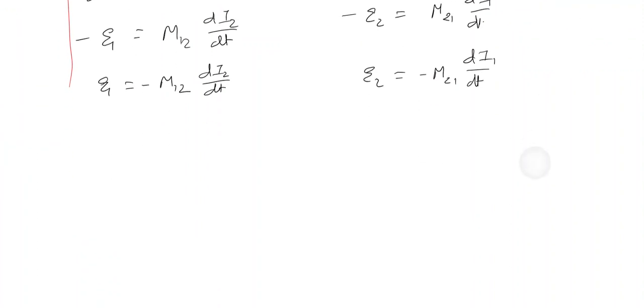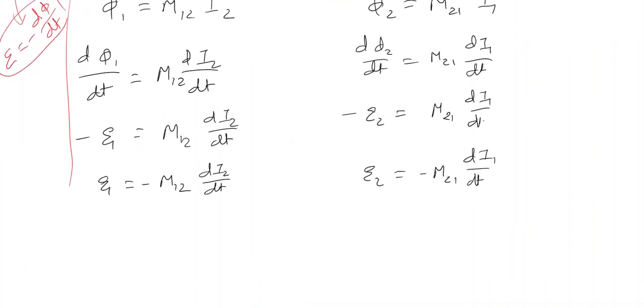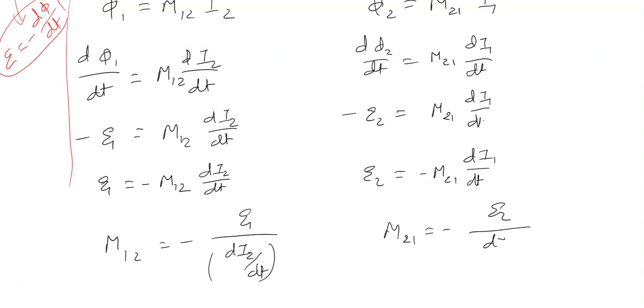Make M the subject of the formula here. So what you will have? M12 can be written as minus epsilon 1 divided by di2 by dt, or else you can say M21 is minus epsilon 2 divided by di1 by dt.